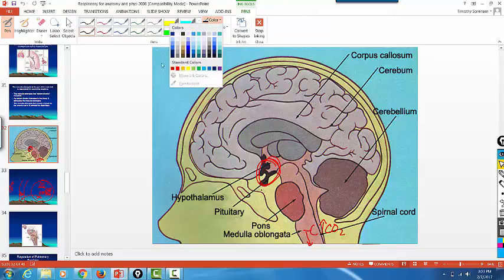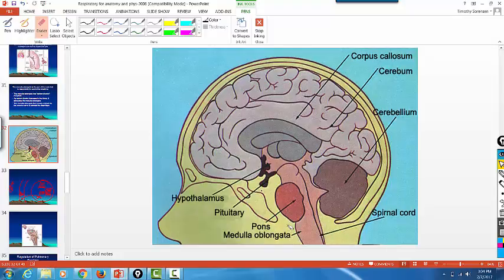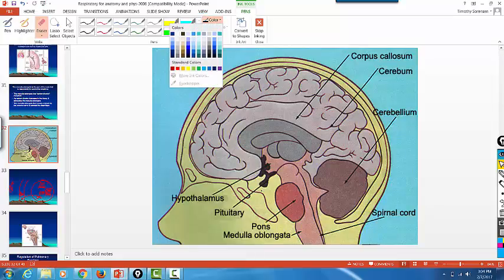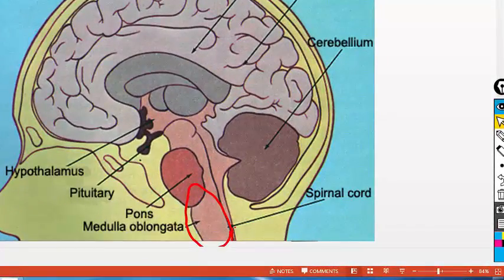Now, breathing is controlled primarily by your brainstem. Specifically, the part of your brainstem that controls breathing is the medulla oblongata. The medulla is part of your brainstem that controls basic biological functions.